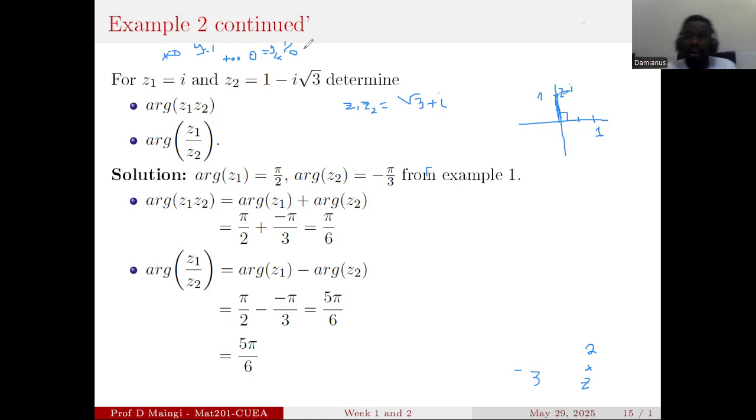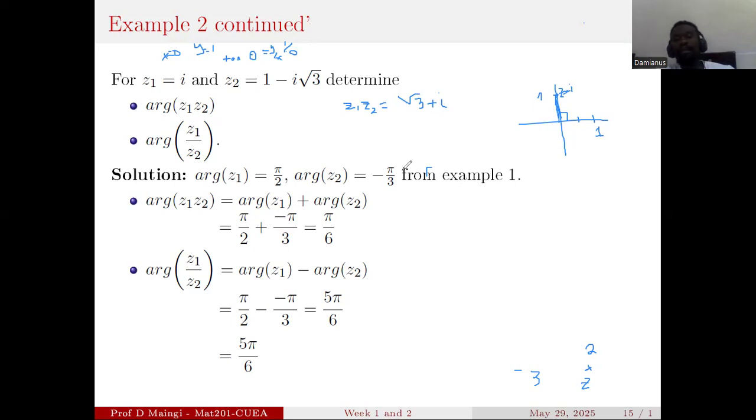Basically it's the angle whose sine is 1 and cosine is 0. The sine of 90 degrees is 1. The cosine of 90 degrees is 0. So that angle turns out to be pi over 2. If you punch it in your calculator, it won't give you the answer because 1 over 0 is infinite. So the argument of Z1 is pi over 2.